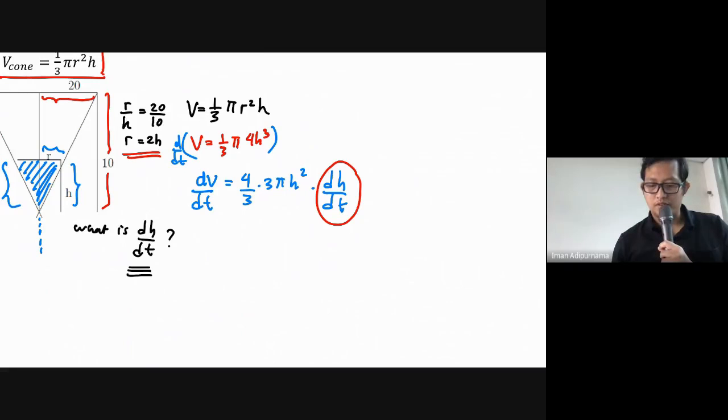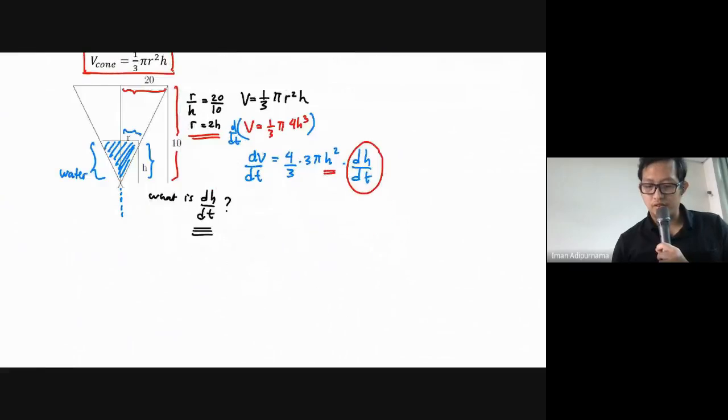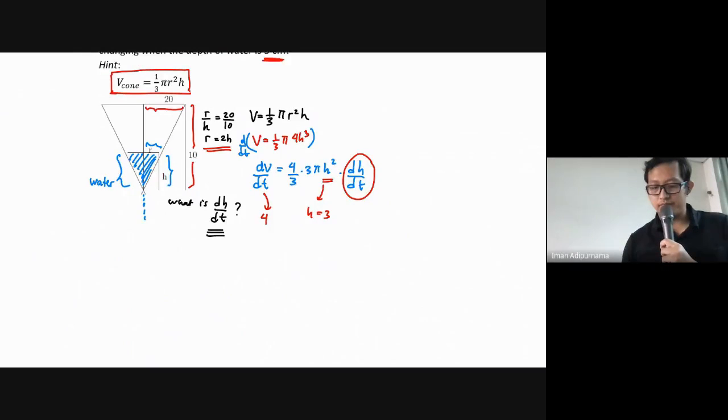And this is what we are looking for. H, we get H from here. H is 3. So H is 3, dV dt is 4. And we can compute, okay? We can compute, and you can compute also.